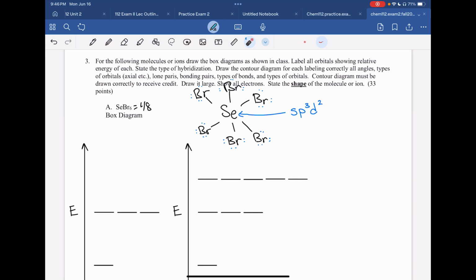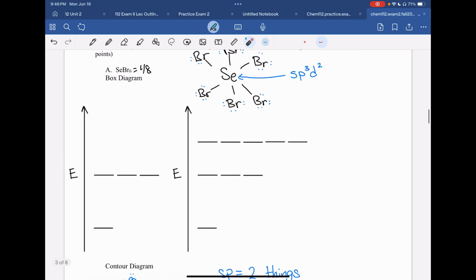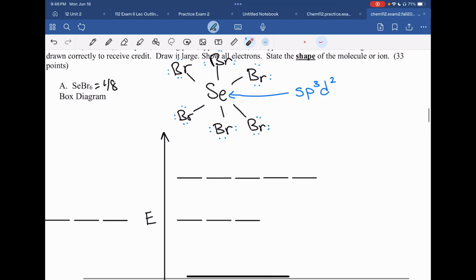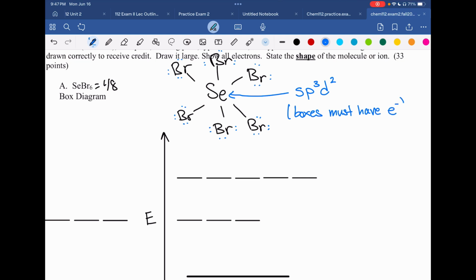I'm going to refer to this as our rule of thumb. Okay? So this tells us how many boxes must have electrons. Must, okay? I must have electrons in the S box.